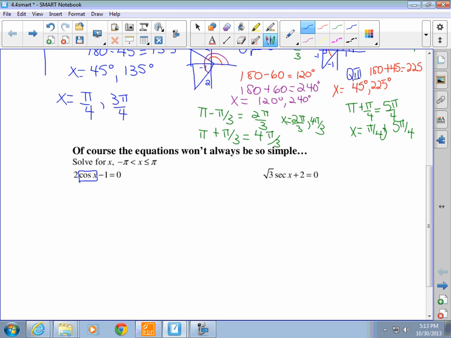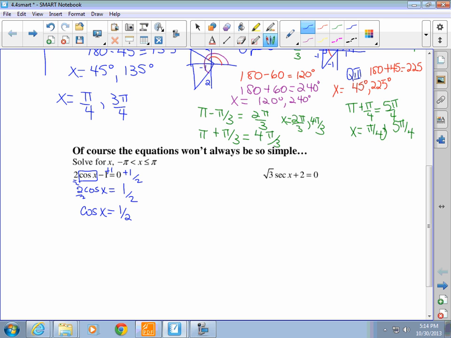So the first thing I'm going to do is add 1. So I have 2 cos x is equal to 1, and then I'm going to divide by 2. So I have cos x is equal to 1/2.